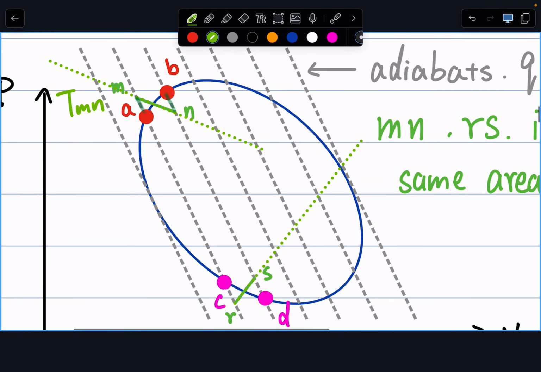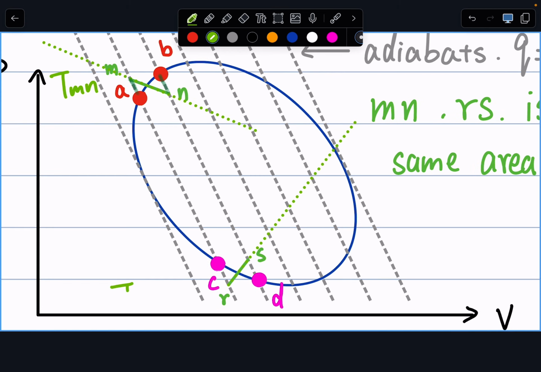These two are isotherms, so the temperature is not going to change. On the bottom, we have our TRS. Now, RS is also an isotherm, so temperature is not going to change. My heat between M and R is 0, between N and S is 0. So effectively, this cyclic integral just becomes QMN over TMN plus QRS over TRS.